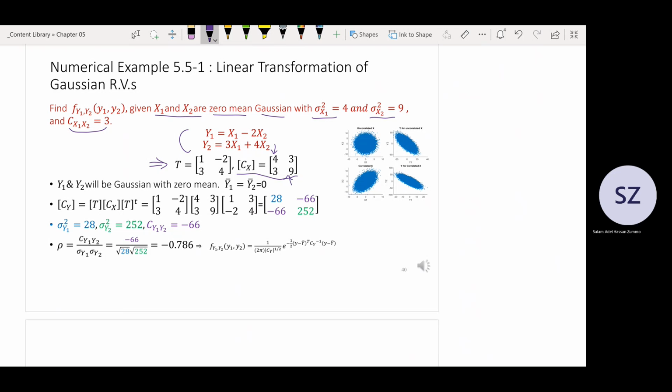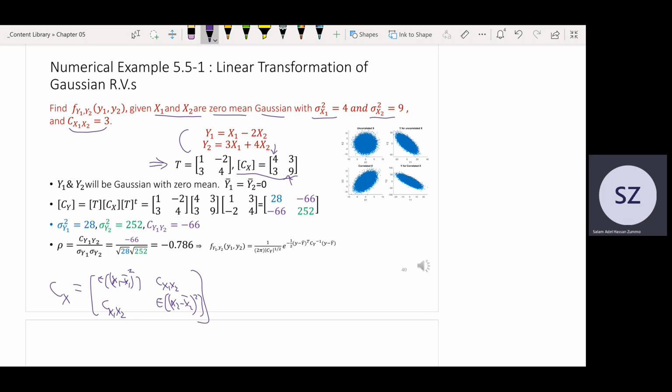Let's remember what the covariance matrix of x was. It is the expected value of x1 minus the mean of x1, multiplied by itself, which is basically a square. Then we have the covariance of x1, x2 twice, and the expected value of x2 minus the mean of x2 squared, which is the variance. We have done this before.